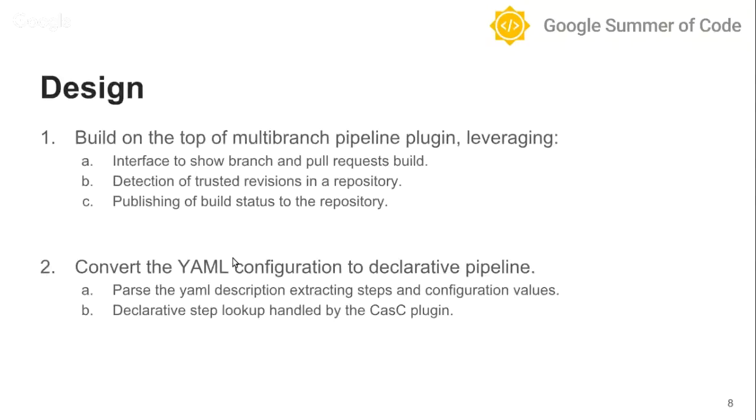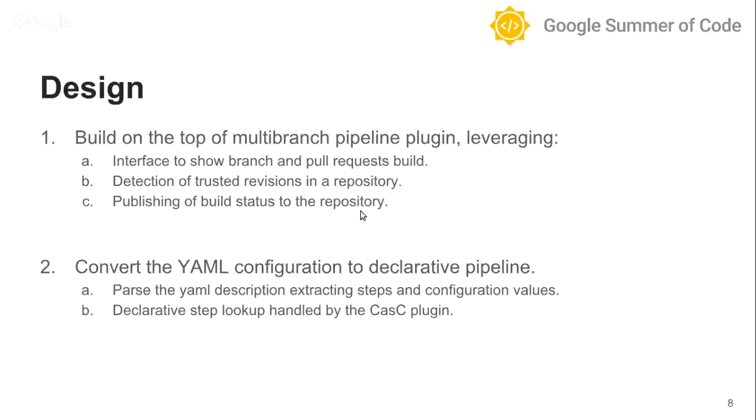Okay, so we decided to build the plugin on top of multi-branch pipeline, because it has a nice interface to show builds for pull requests and the branches separately, it can also detect trusted revisions in a repository, and it can also publish build status to the repository.